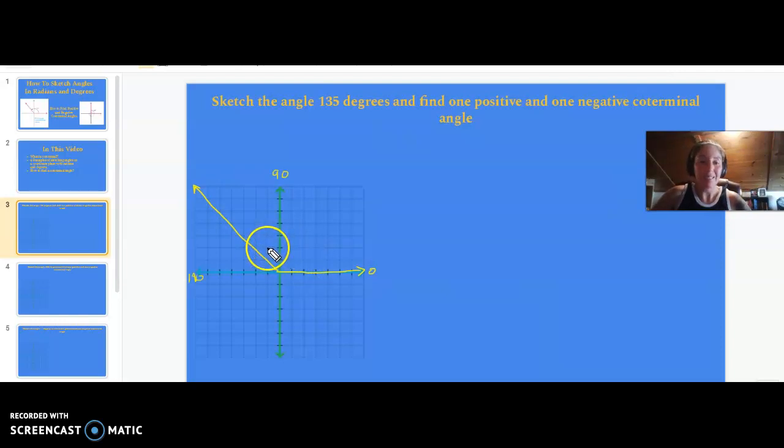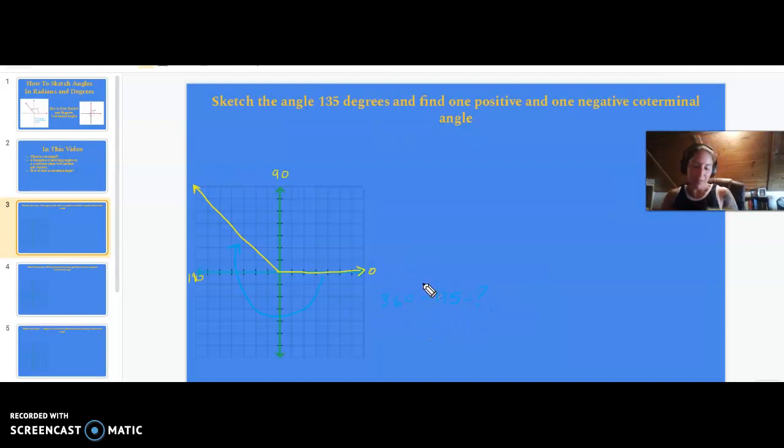What is an equal angle to that? What if, instead of counterclockwise, we went clockwise, this way? What angle would that be? If we go all the way around, that's 360. We go all the way around except for 135. So what is 360 minus 135 if we're going the other way?